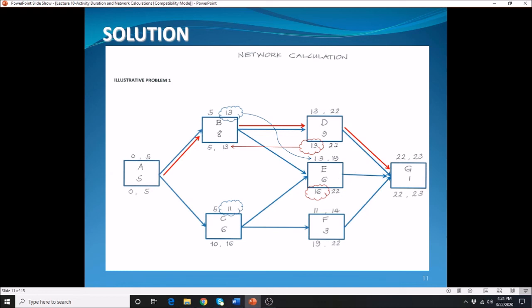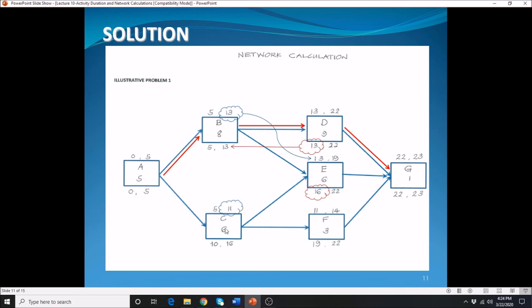Why maximum? Because there will be cases where a given activity is preceded by two or more activities, and I'm going to show you that as we move on to activity E. So 5 plus 8 gives you 13.